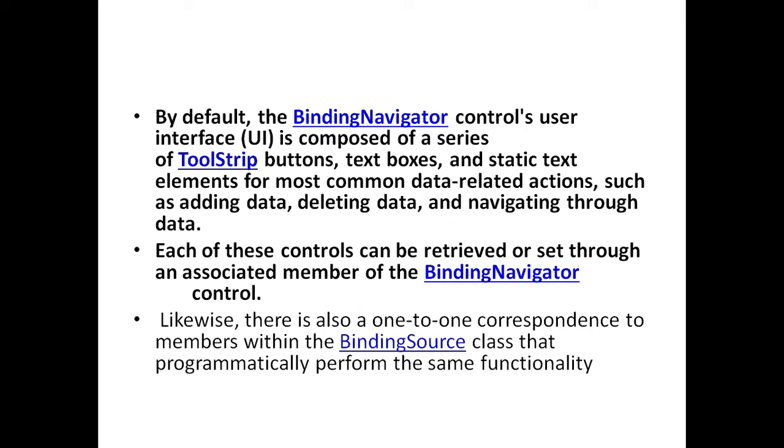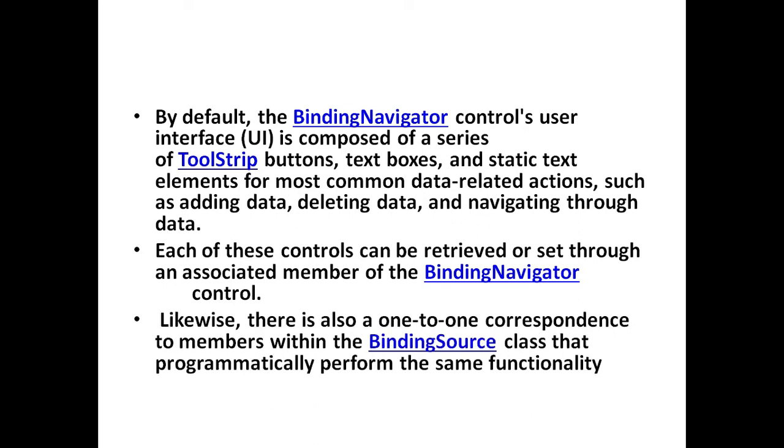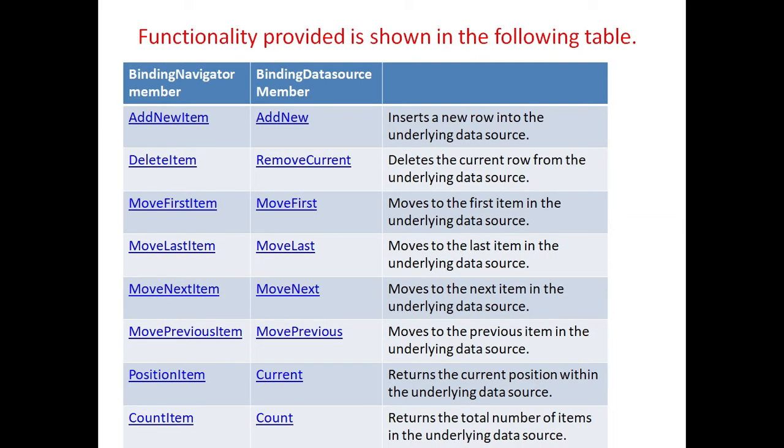Each of these controls can be retrieved or set through an associated member of the binding navigator control. Likewise, there is also a one-to-one correspondence to members within the binding source class that programmatically perform the same functionality. The functionality provided is shown in the following table.